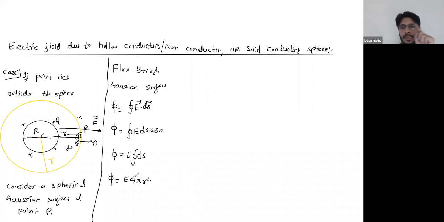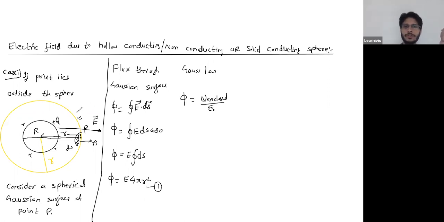Remember, I'm not integrating on the surface of the sphere. If I would have integrated on the surface of the sphere, then area would be 4 pi capital R square. In fact, I'm integrating over the surface of the Gaussian surface. So that's why this is 4 pi small r square. That's my first equation. Next, we can easily calculate the same flux using Gauss law. Here the charge enclosed is Q only. So standard Gauss law is phi is Q enclosed by epsilon naught.